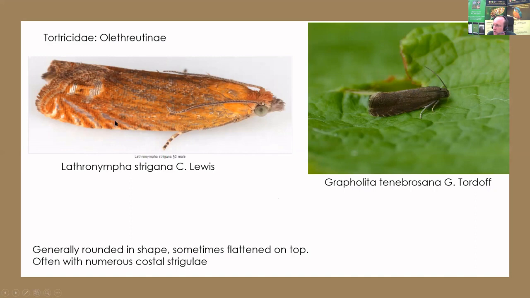These are lines along the costa, and we'll talk about those in a couple of the other families as well. So generally rounded, sometimes flat across the back and across the dorsum, which gives the impression of an almost squared shape, which again, once you become familiar with it, you'll think, oh yeah, that's clearly a tortricid.